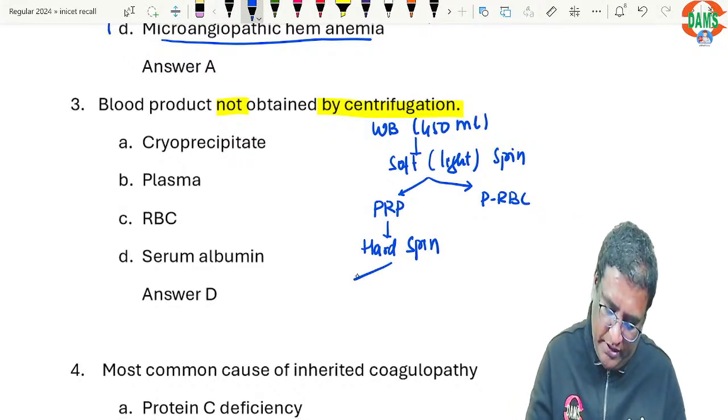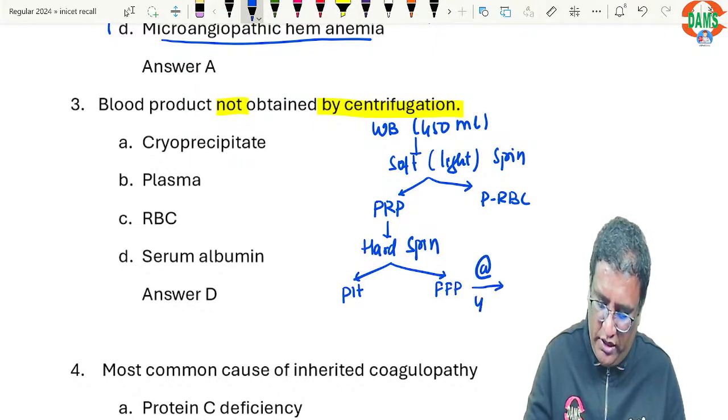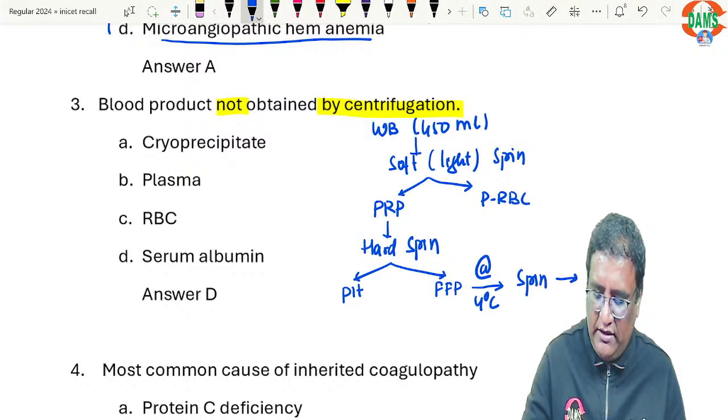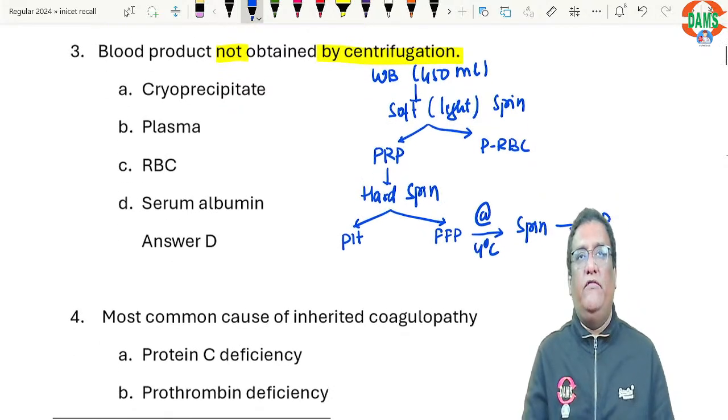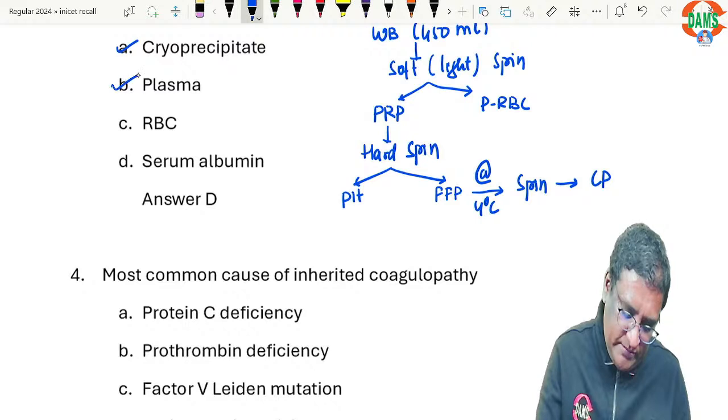This separates the platelets and the plasma, and FFP comes. This FFP, at 4 degrees Celsius, we spin again, and then we get cryoprecipitate.